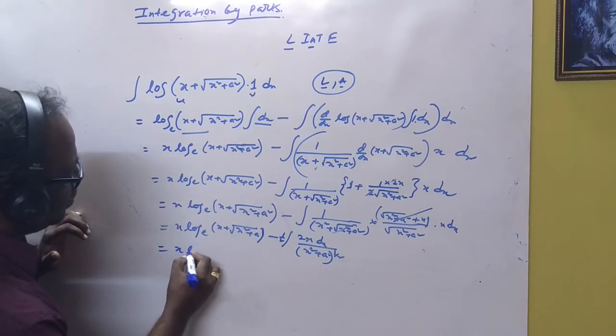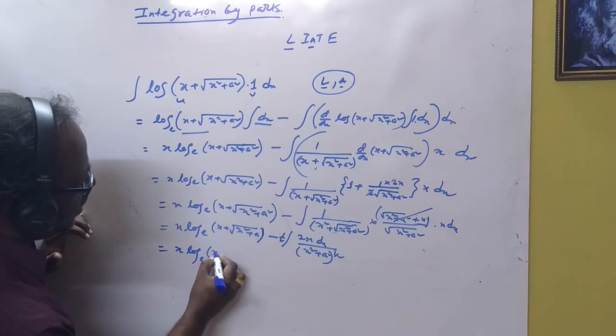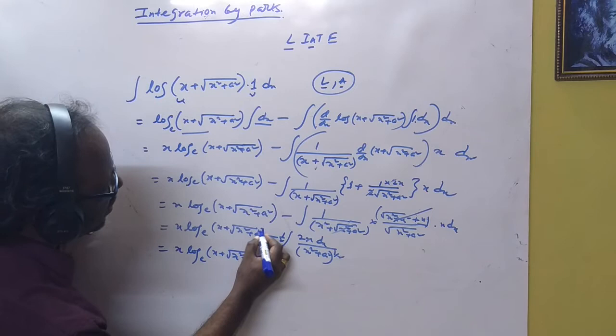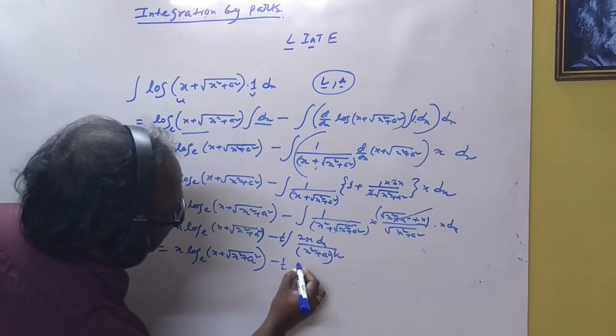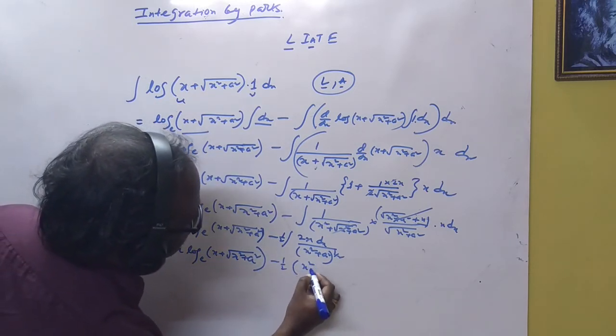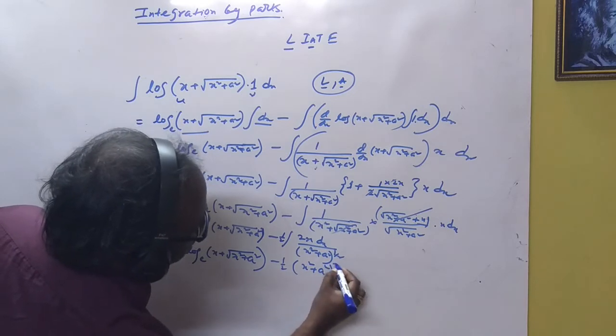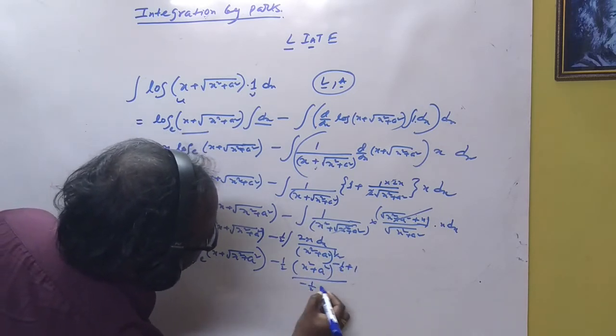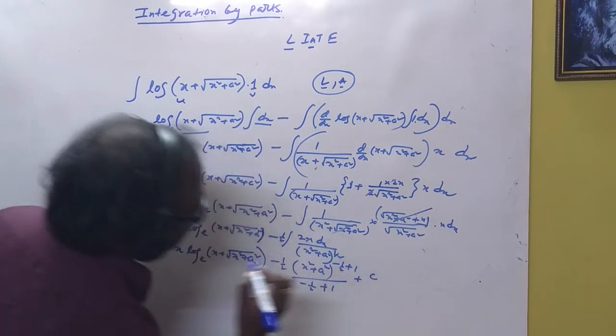So x into log to the base e of x plus root over x square plus a square, this is a square and this is half here, and easily you can write x square plus a square to the power minus half, so plus 1 by minus half plus 1, plus c here.